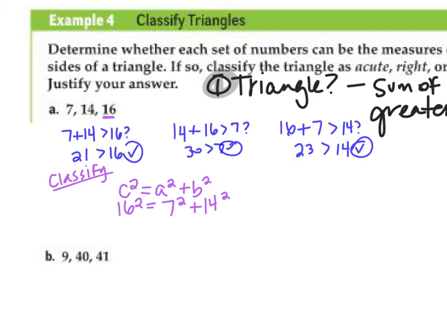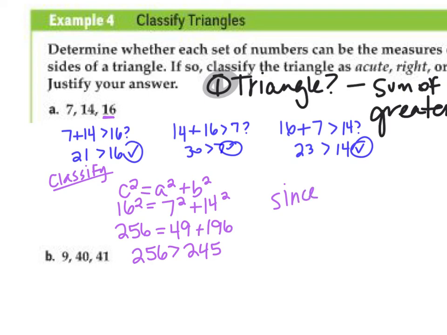When we simplify this out, we get 256 compared to 49 plus 196. When we add these two together, 49 plus 196 is 245. So when we compare 256 and 245, c squared is actually larger than the sum of a squared and b squared. So since c squared is greater than a squared plus b squared, our triangle is obtuse.